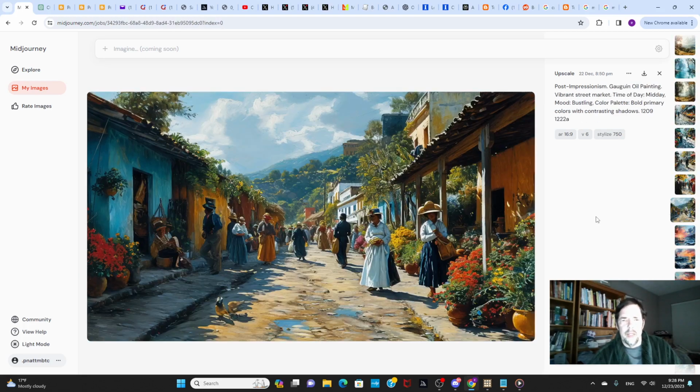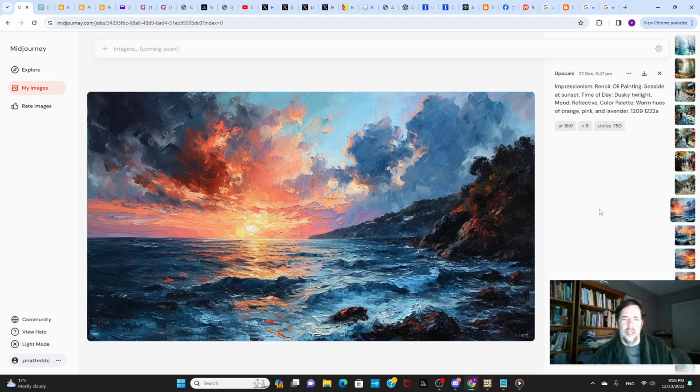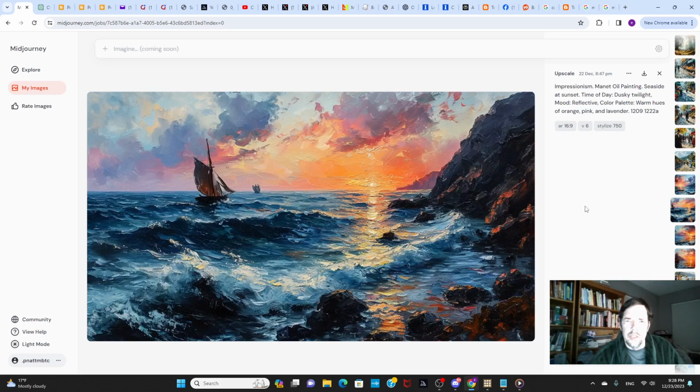I'll show, like, this is an example here. I'm not an art expert, but I don't know if I could tell that this wasn't a painting if I just saw this image. It didn't take much of an eye previously to see that they weren't actual paintings. But this is another one.